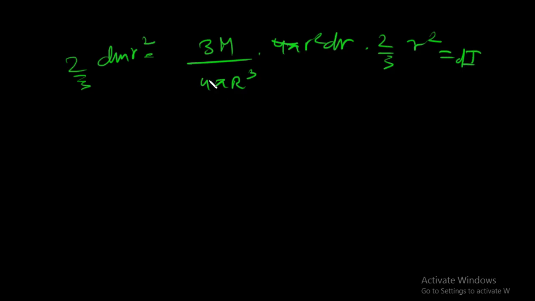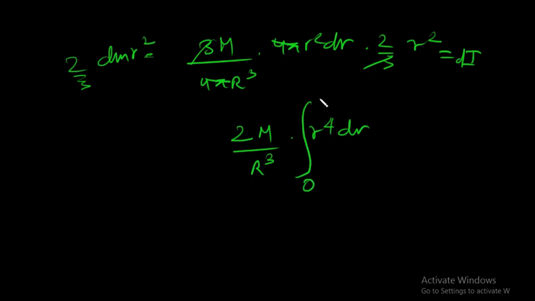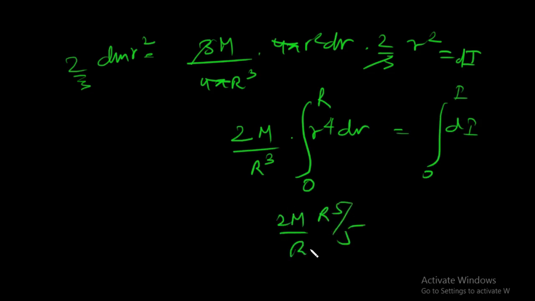The 4 pi gets cancelled out, the 3 gets cancelled out. So we have 2m by r cube times r to the power 4 dr. And obviously r will go from 0 to r, and dI will go from 0 to I. So we have r to the power 5 by 5, times 2m by r cube. This would get cancelled out, and I would be equal to 2 over 5 mr square.